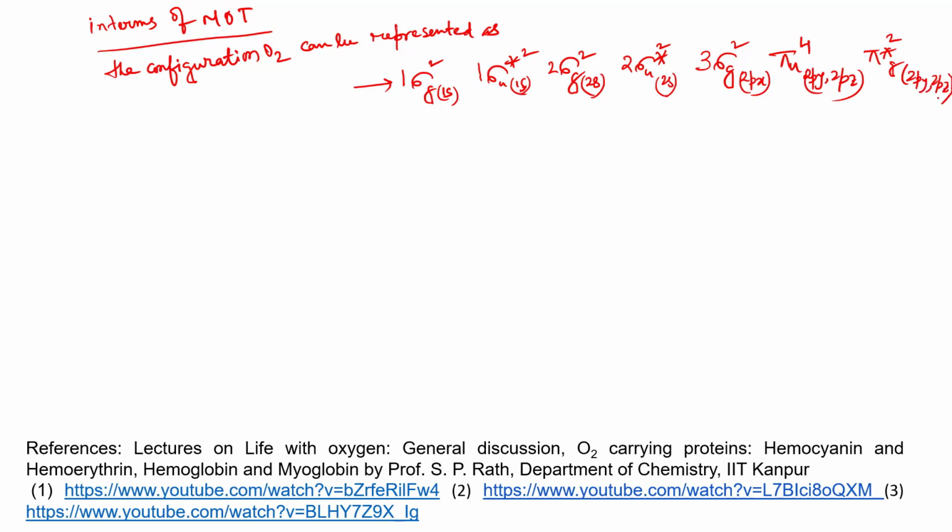These molecular orbitals form by the combination of atomic orbitals of the oxygen atoms. So this is the MOT configuration of the oxygen molecule.